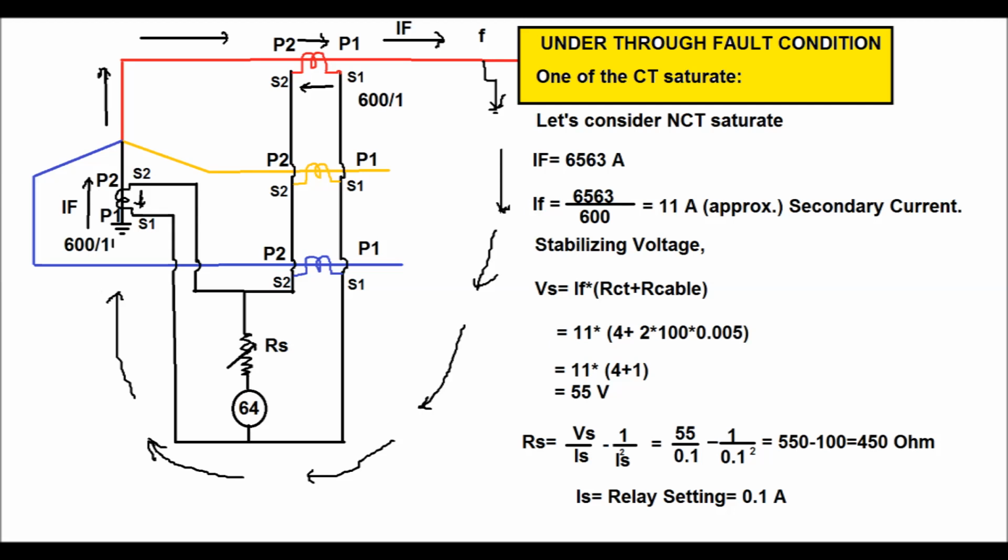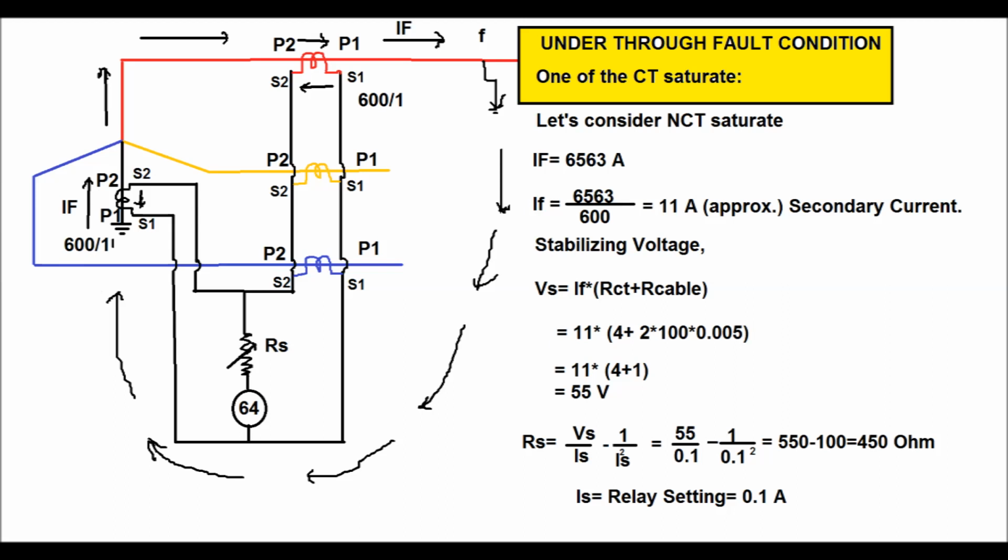Now, since the maximum through pole current IF is equal to 6563 ampere, the secondary reflection of this through fault current in the NCT or in the phase CT is equal to 6563 divided by 600, as the CT ratio is 600 by 1, which comes as 11 ampere approximately. So the stabilizing voltage Vs is equal to If into RCT plus R cable.